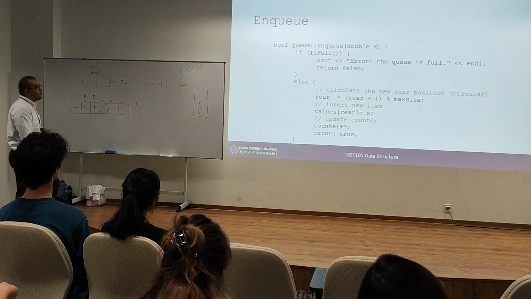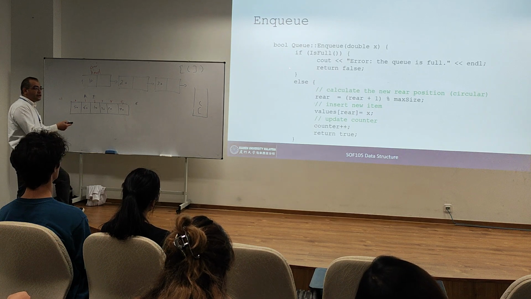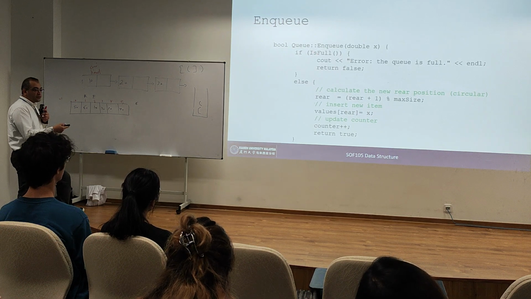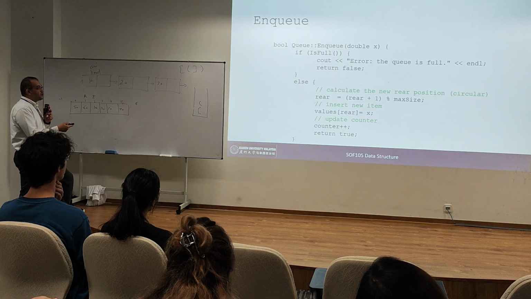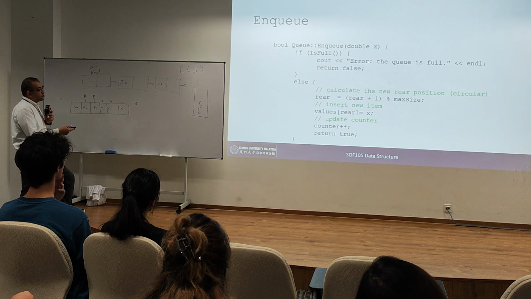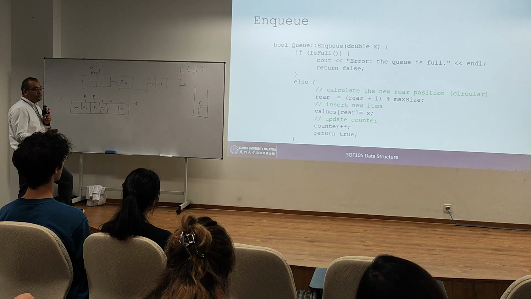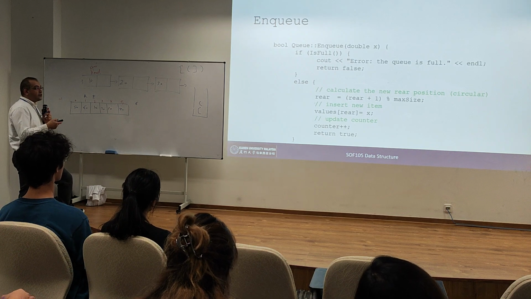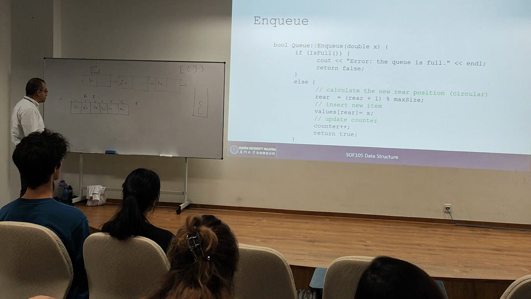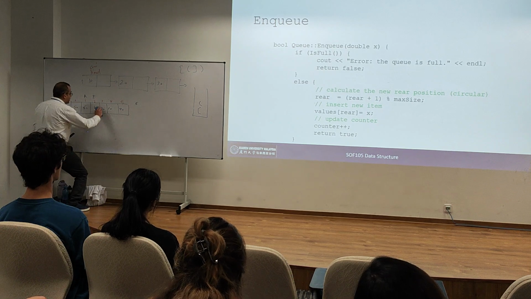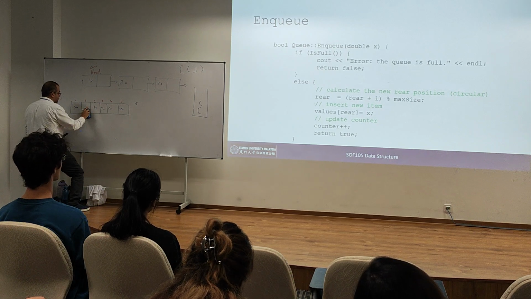I need to know the value I want to enqueue. So what do I need to check first? Whether the queue is full or not. Then, if it is full, I print out a message: sorry, it's full, we cannot add anything to the queue. Else what do I do? I increase the rear by 1 and I insert.